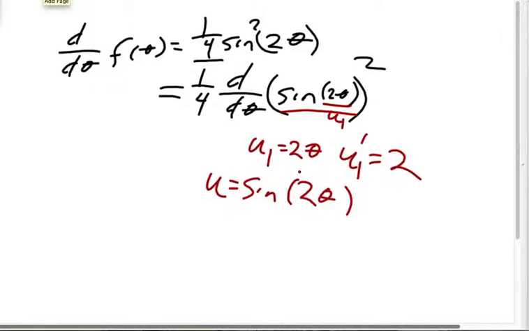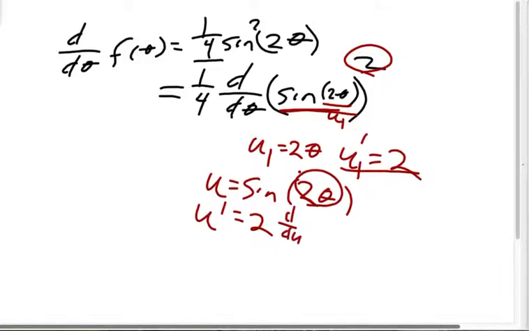Because I've got sine of 2 theta squared. So u prime. Well, we've basically done this. We've got this guy right here. So it's going to be 2, which was the inside part of that, the derivative of it, times d du of sine of u, which will equal 2 times cosine of u.